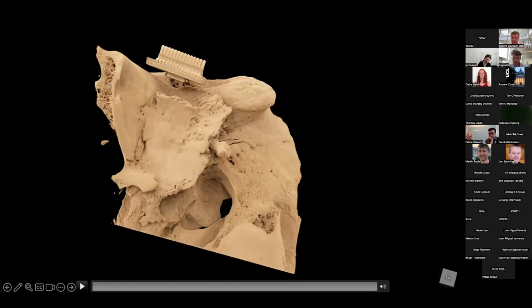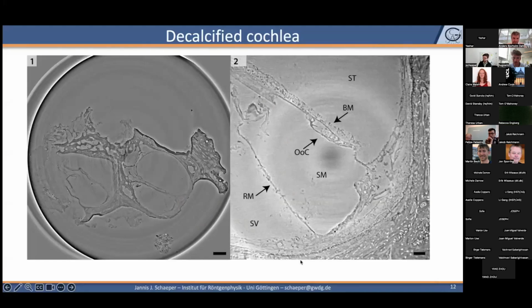I started my PhD really looking at small details in the rodent cochlea, and one of the goals of our studies is to get an impression of age-related hearing loss by structural changes in the cochlea.